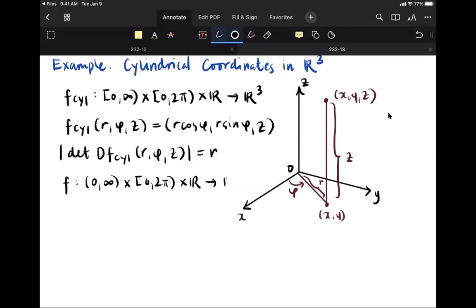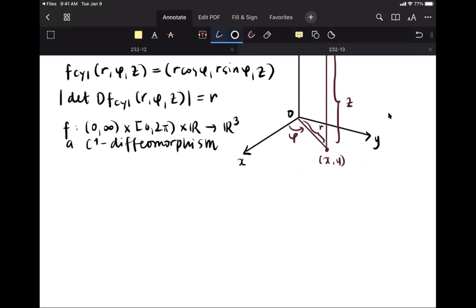This is a C1 diffeomorphism by removing the radius 0. Hence, we can now write.